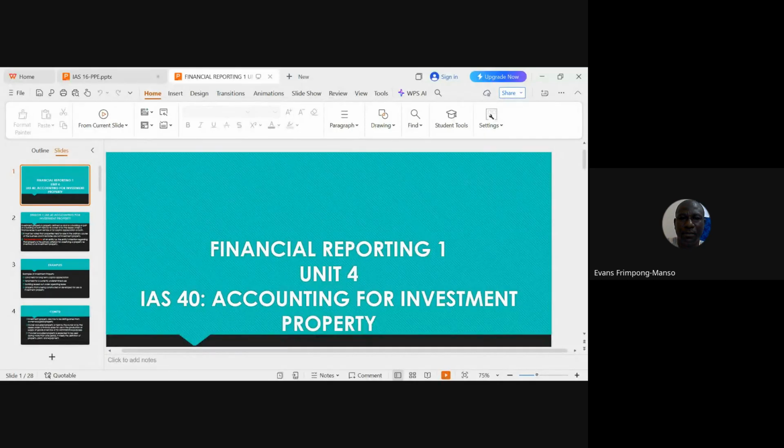So I gave you three scenarios: use it for production of goods or services, for rental, and also for administrative purposes. But the moment you say investment property, the meaning changes.